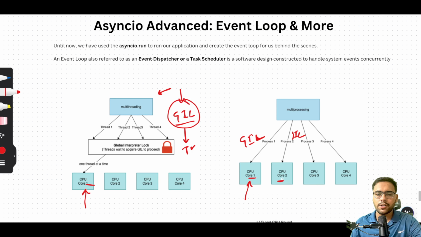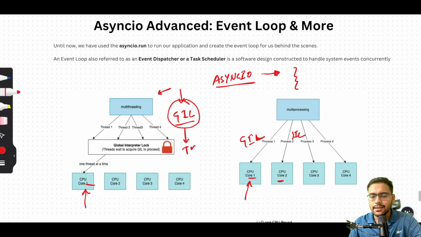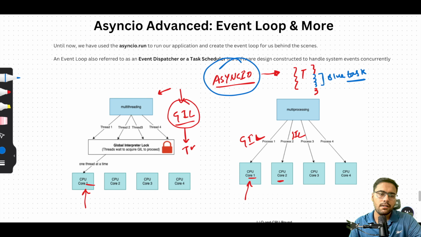Now let's come over to async IO, where we have one thread running, and it can work on something, then execute some other task, and then come back to the previous task when its IO operation, let's say a DB call, returns. When the DB response is returned, it comes back, and in the meantime it completes this blue task. This is what we call concurrency with the help of asynchronous IO.